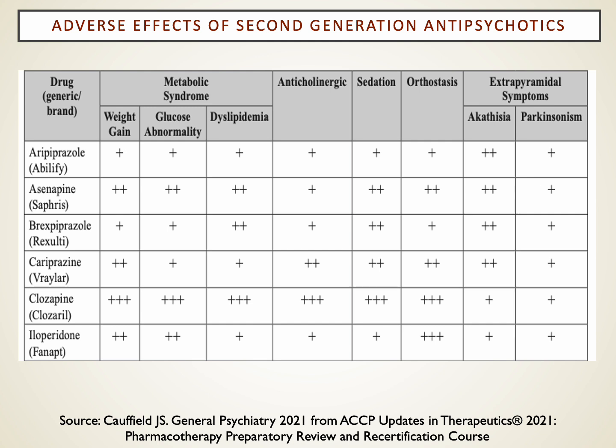The next sets of tables here, as we wrap this topic up, refer to the degree of metabolic syndrome and sedation and QT prolongation and other side effects for some of the different agents listed here. So I encourage you to look through this. Just differentiating, I think, is important.